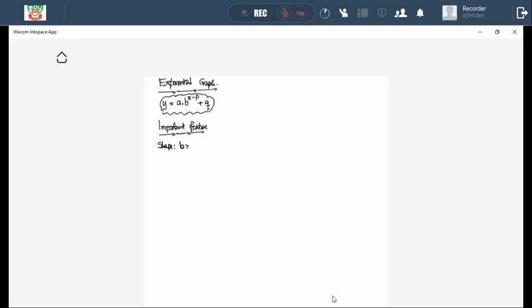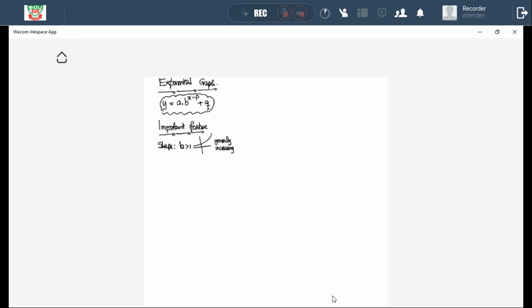If b is greater than 1, the exponential graph is said to be generally increasing. So it is going to be generally increasing simply by looking at the base.